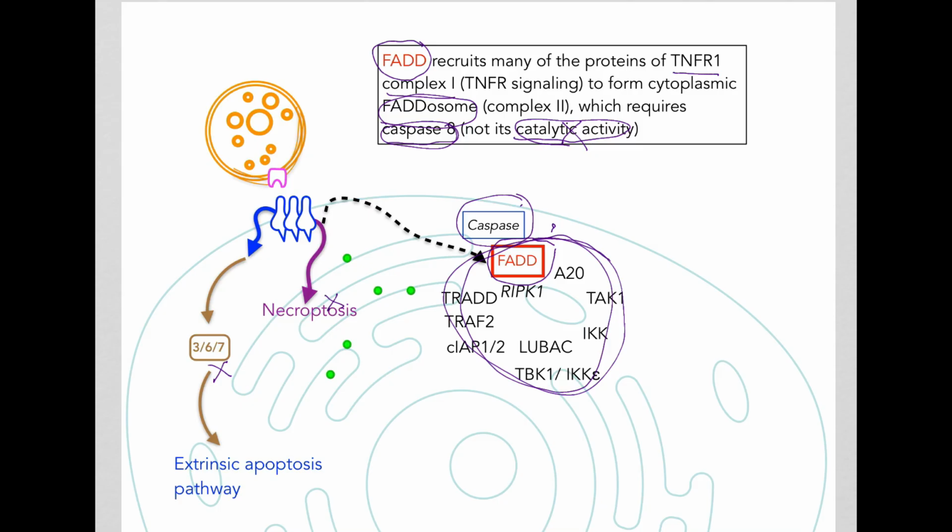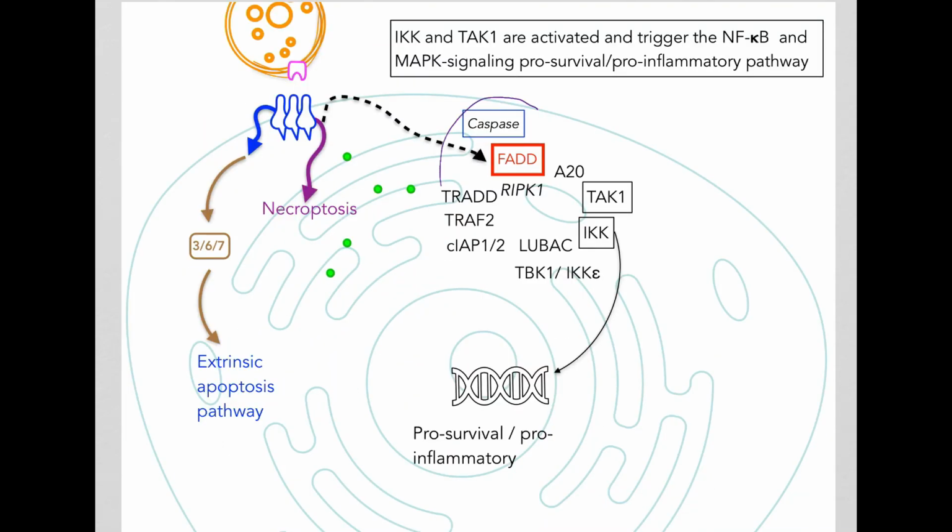So in this cytoplasmic FADDosome, these proteins will, similar to TNFR1, stimulate the IKK and TAK1 proteins, and that will trigger the NF-kappa B pathway as well as the MAPK signaling pathway, and both of these will then trigger the pro-survival, pro-inflammatory program, similar to what we talked about in the last video.